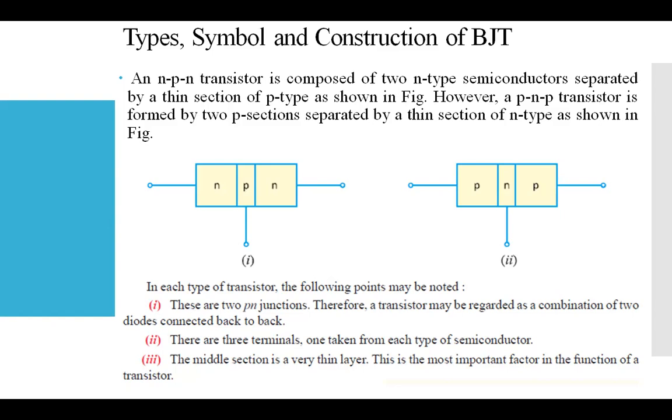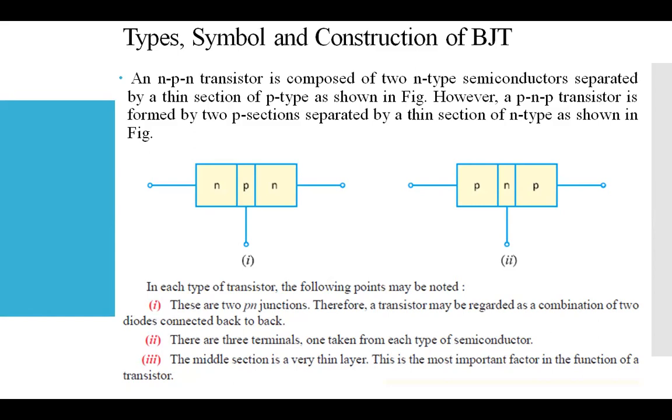So either you use the first one or the second one, based on the characteristics you need to obtain. This is just the basic given here for the BJT and its construction. The symbols are also represented here for the NPN and PNP transistors. This sandwich structure of P type and N type will make the transistor, right?